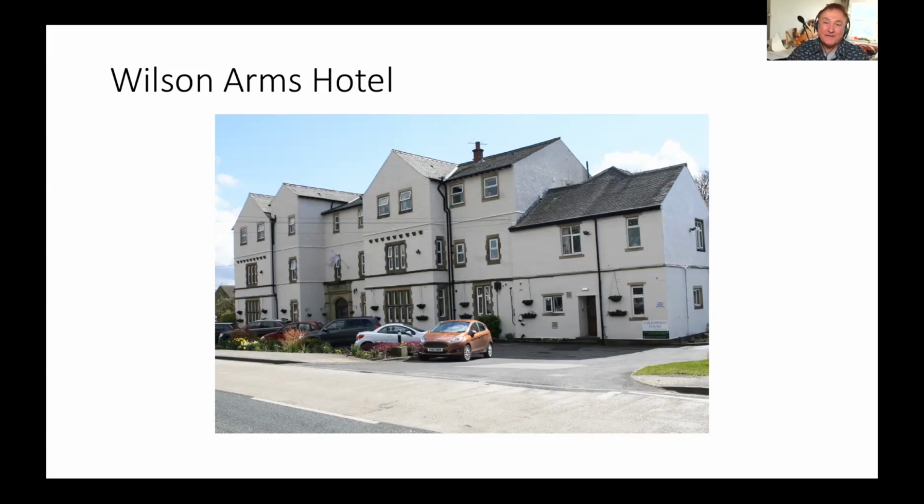But I showed you the other part of Threshfield where the road from Burnsall comes into Threshfield, and where you go underneath the railway bridge there, so there's a public right of way up onto the track there, and you can see where it went into Threshfield, but there's no sign of a station there anymore.